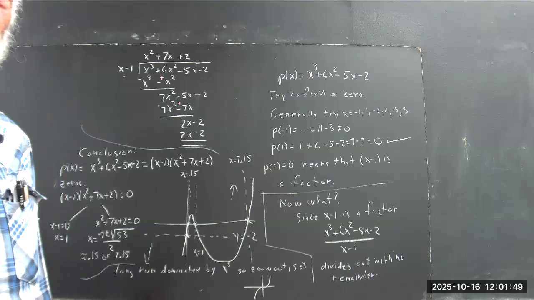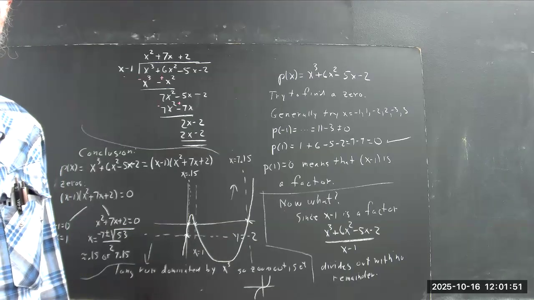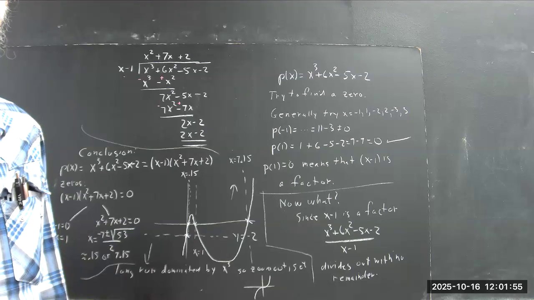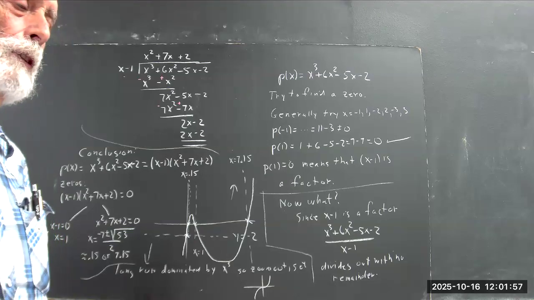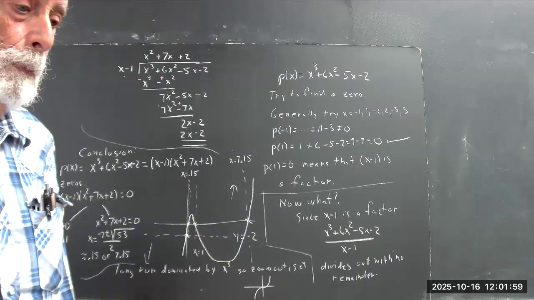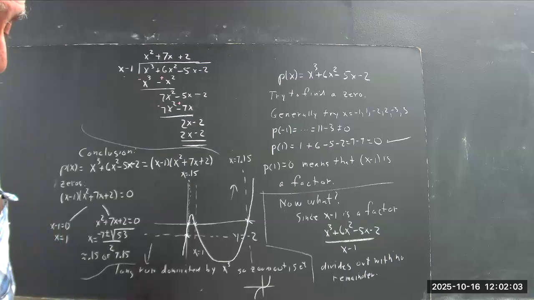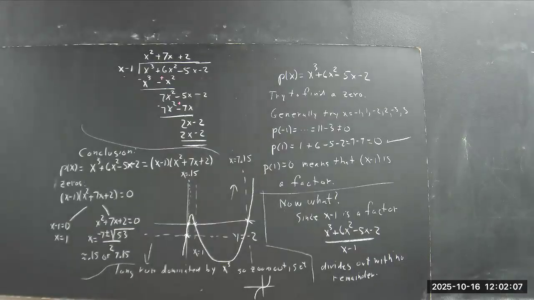And then there are approximation methods we can use, and we don't bother with those now, because the best approximation method is probably Newton's method, which is a calculus method. I mean, there are even better ones, but they're more complicated. So that's kind of where we are.